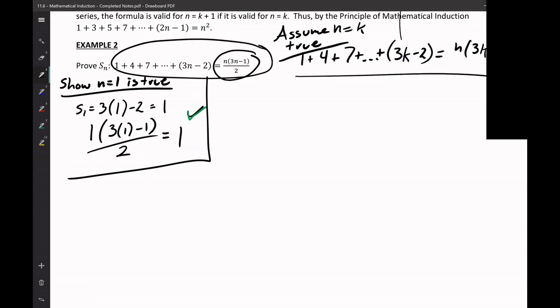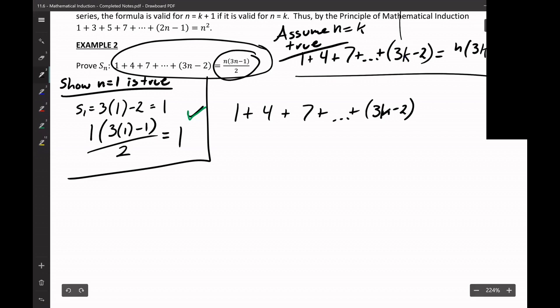All right. So now we're going to use this assumption and show that it is true for the next part. Okay, so let's write down our series again. So it's going to be 1 plus 4 plus 7 plus dot dot dot plus 3n minus 2. Okay, so if this is my series for n itself, well, if I plugged in k, it'd look like this.